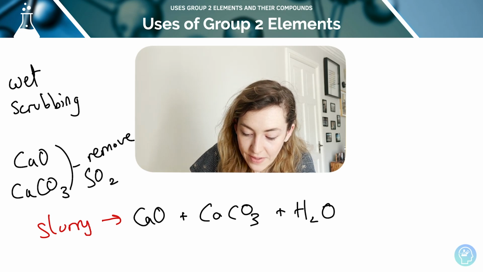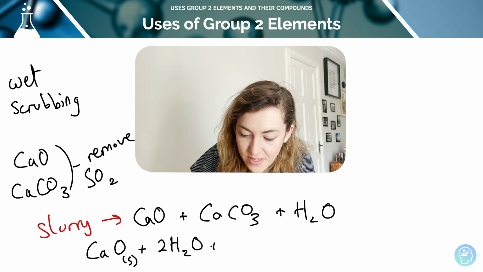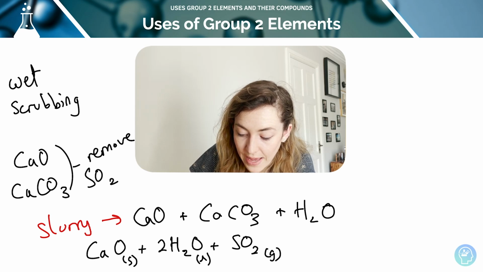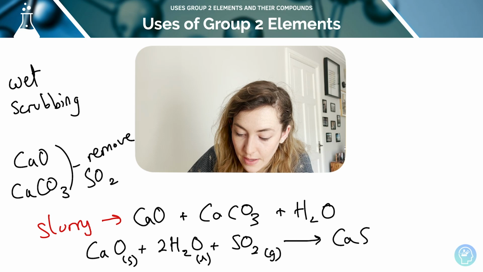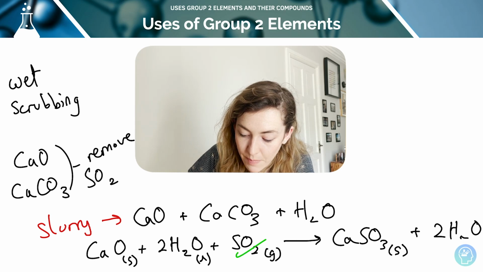If we react these together, the calcium oxide, which is a solid, is going to react with the water that we've got in this situation as well. And it's going to react with the gas that we don't want, and it's going to give us a solid and water. So that is brilliant because it's gotten rid of this horrible SO2 that we don't want.